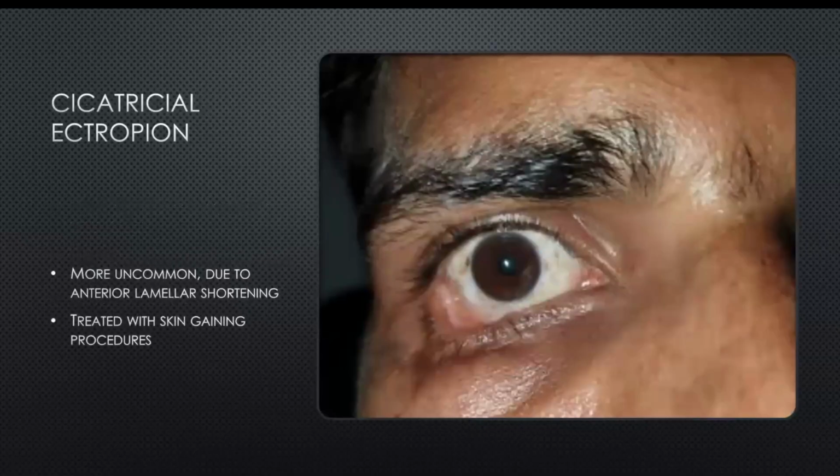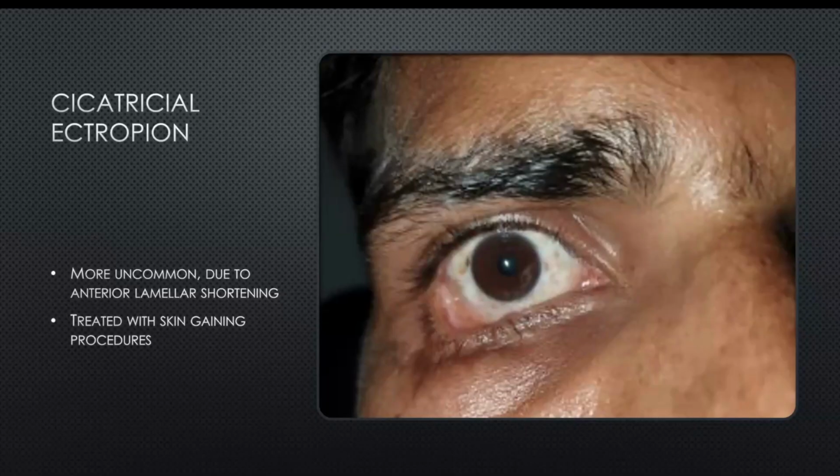Cicatricial ectropion, again, these are patients that are usually due to anterior lamellar shortening. So again, ocular rosacea, for example, patients with eczema underneath the eyes, patients who've had previous surgery, trauma to the eye, and all that scarring has essentially pulled that eyelid down.